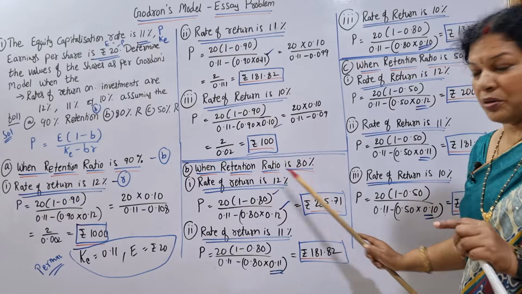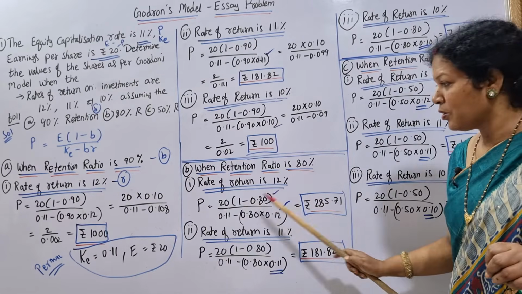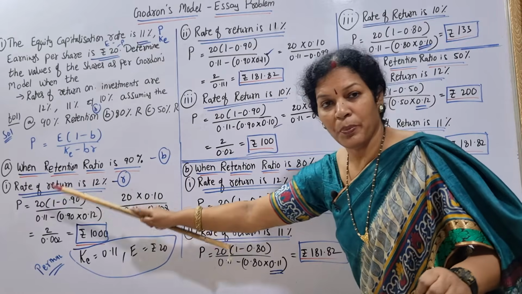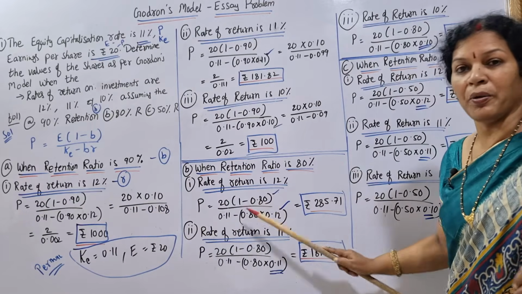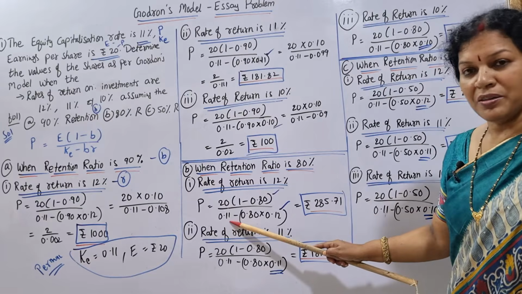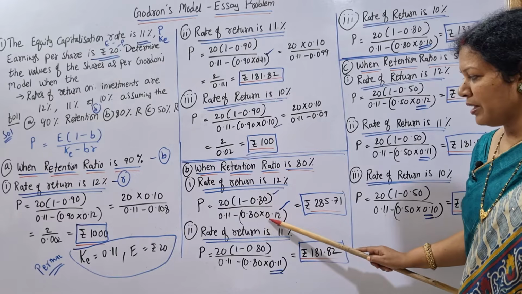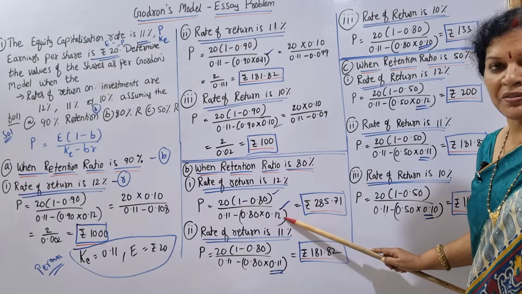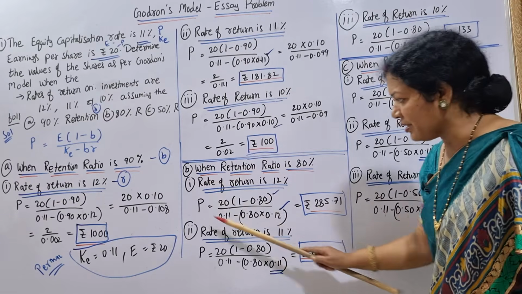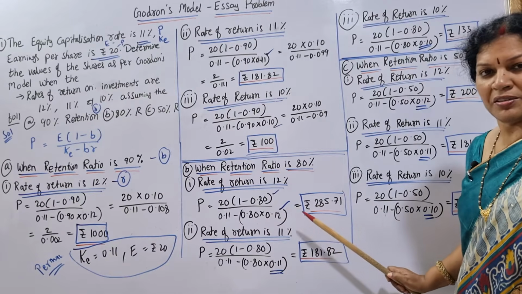Only the retention ratio, it was 90%, here it is 80%. So in place of 0.90, I have kept 0.80. And 0.11 cost of capital as it is, and 0.80 as it is, and here rate of return is 12%. Once you write this and go for the calculation, you will get the answer.